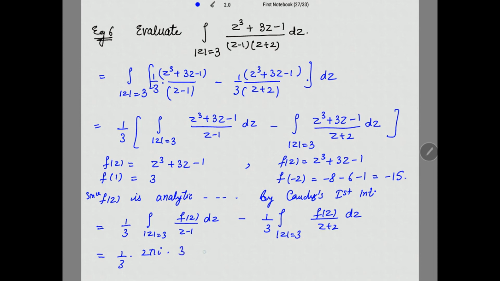That is 3, minus 1 over 3, into 2 pi iota f of minus 2, and f of minus 2 is minus 15. And your final answer will be equal to 12 pi iota. 3 cancels, this is 5, and this will be 10 pi iota plus 2 pi iota, that is 12 pi iota. Okay, you can calculate this.